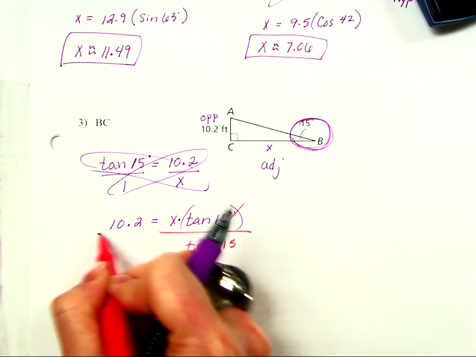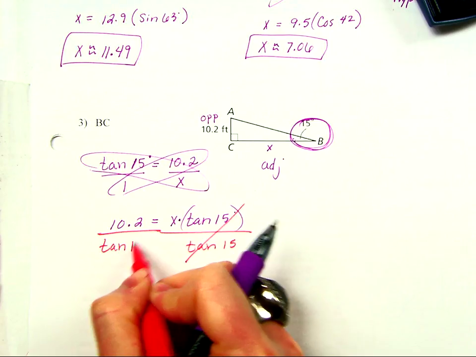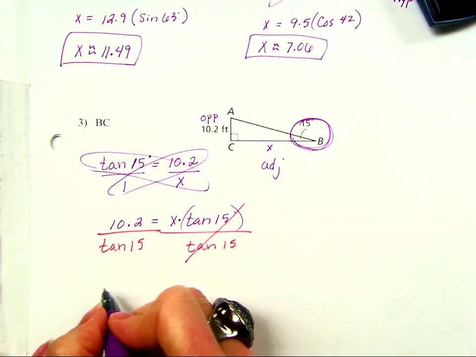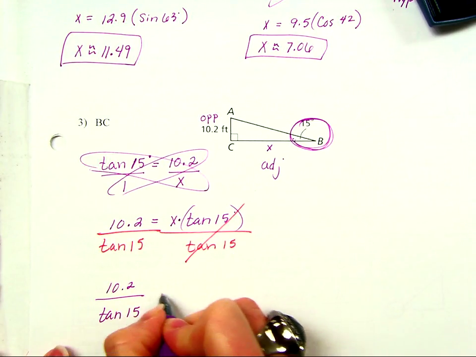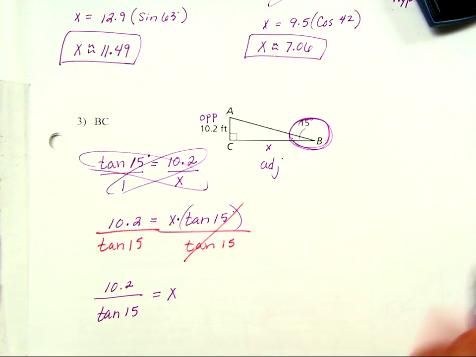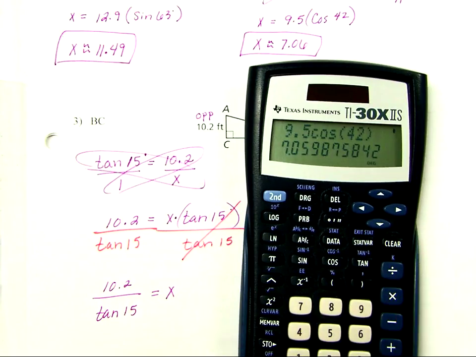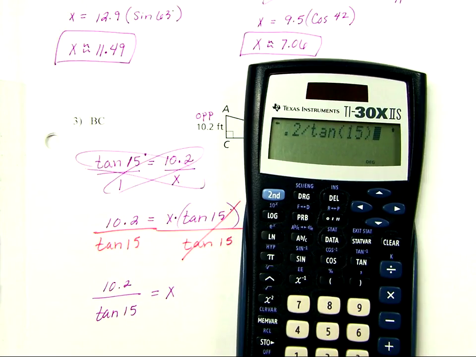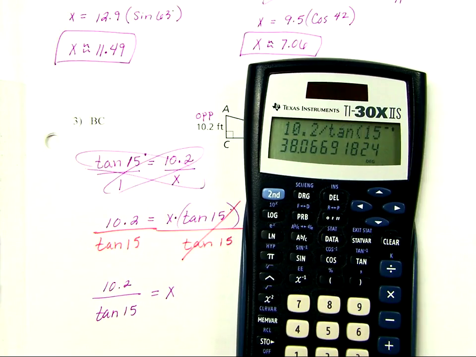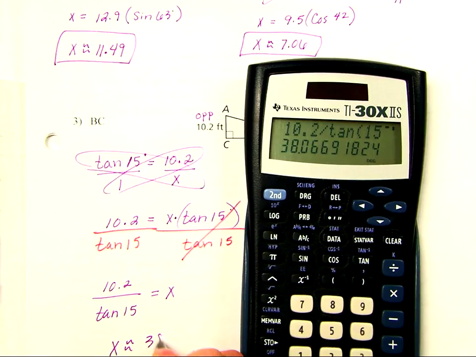But what I do on one side, I need to do on the other. And so 10.2 divided by tangent of 15 is equal to x. We're going to calculate that. 10.2 divided by tangent of 15, and we would find that x is about 38.07.